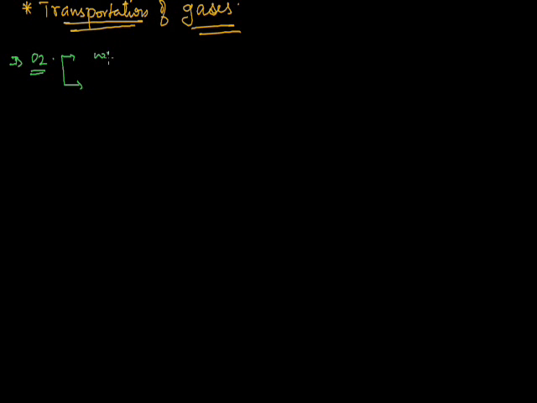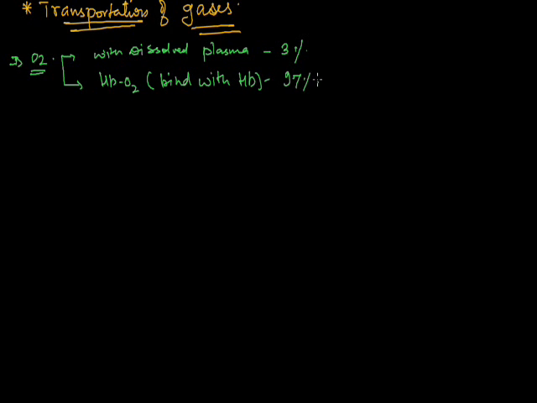First, dissolved in plasma, which means the oxygen dissolves in the plasma and is then transported to different parts of the body, and that is 3%. Out of the overall gases which we are inhaling, 3% oxygen is transported to different parts of the body in the dissolved form in plasma, and the remaining 97% binds with hemoglobin, and the hemoglobin is present in the blood.